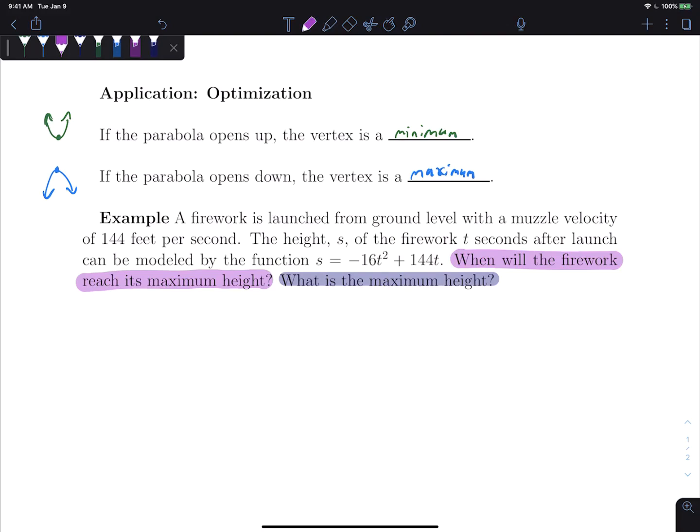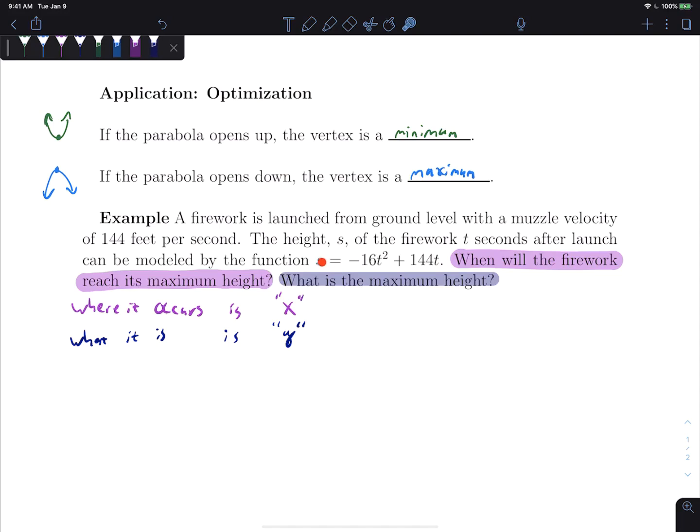So here's the thing. Keep in mind where it occurs is the x value, and what it is is the y value. Now, I'm using x and y here for the independent and the dependent variable.